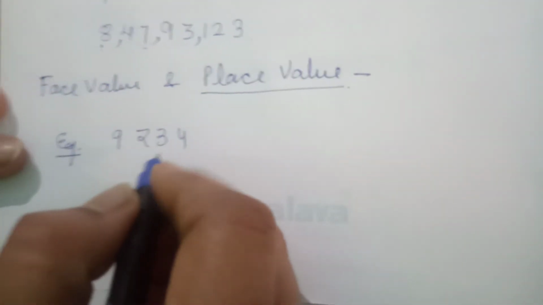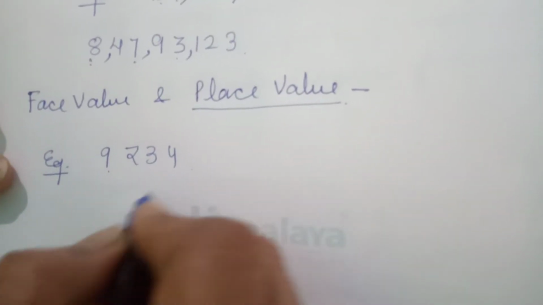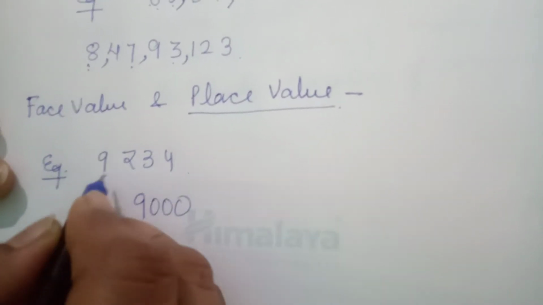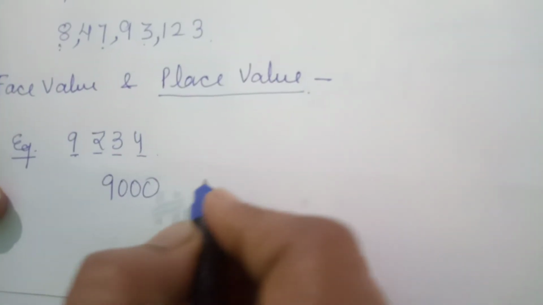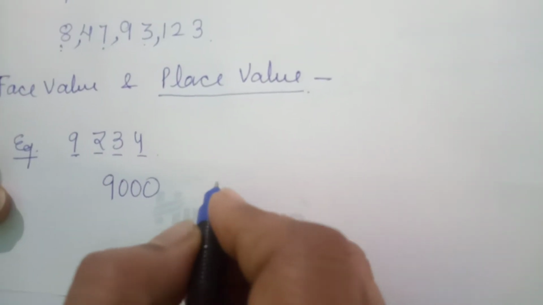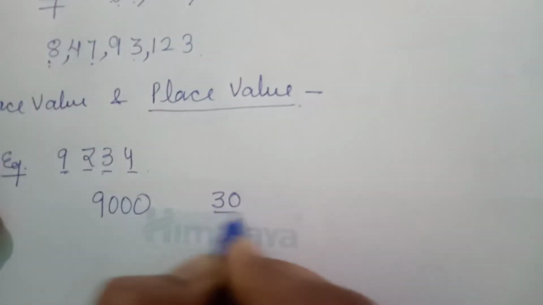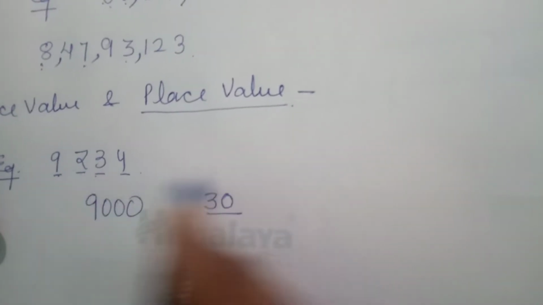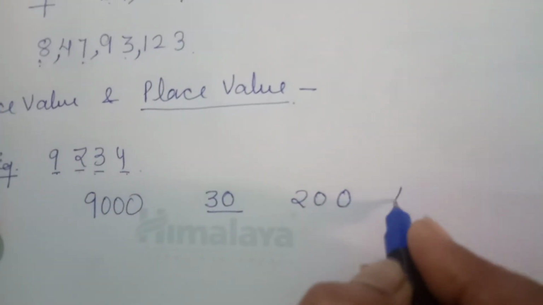The place value of 9 in this number is 9000. Similarly, the place value of 3 will be 30. The place value of 2 is 200. And the place value of 4 is 4.